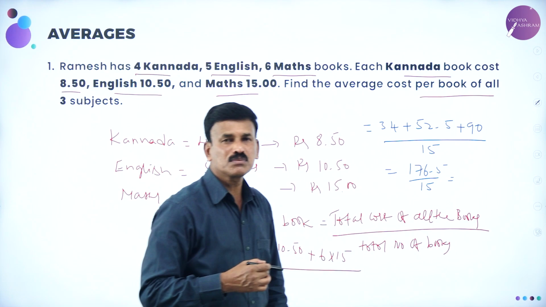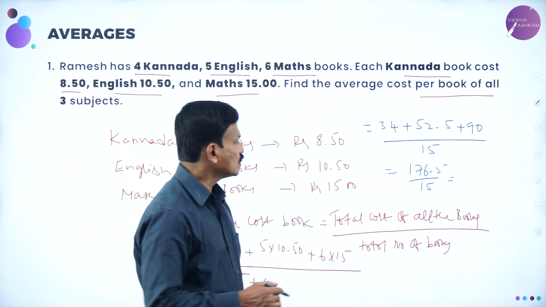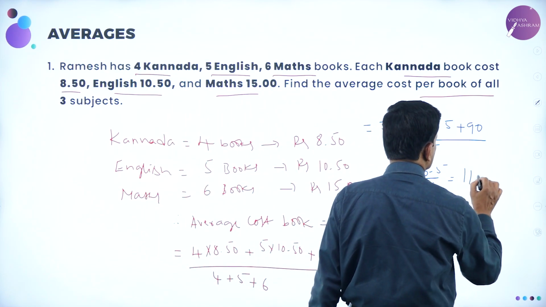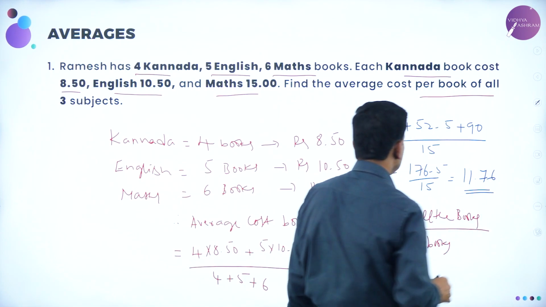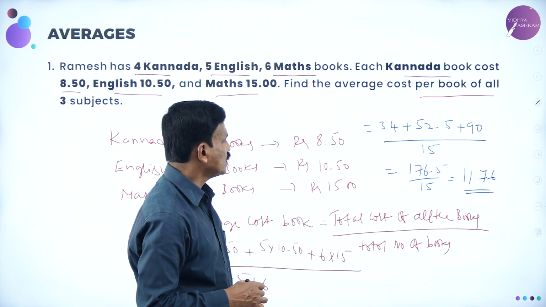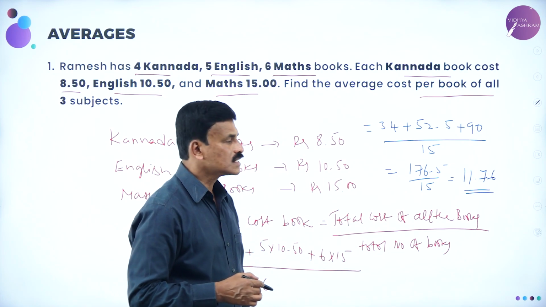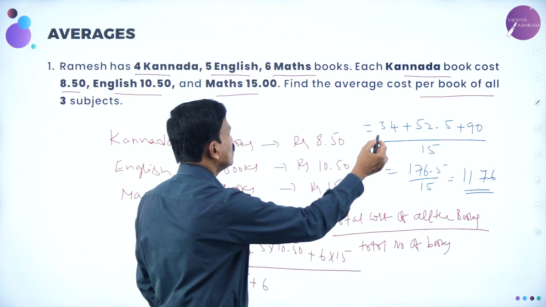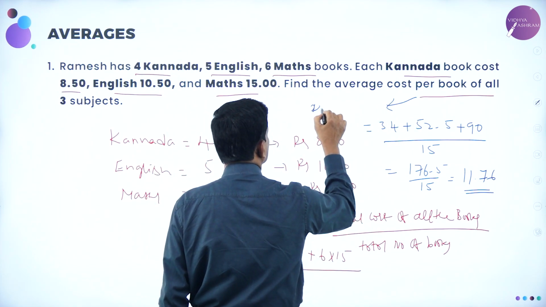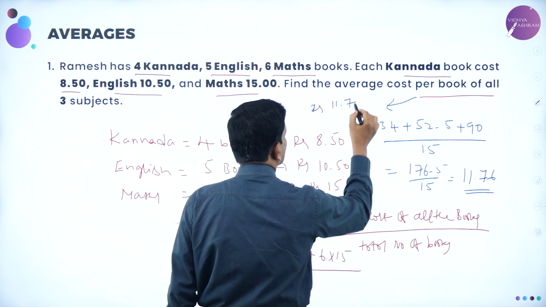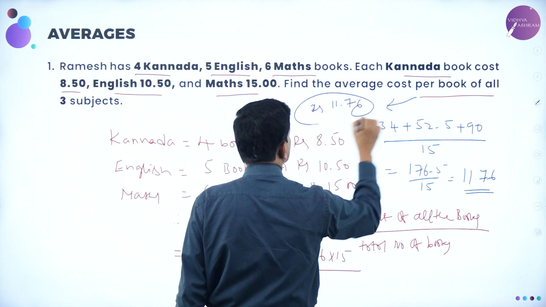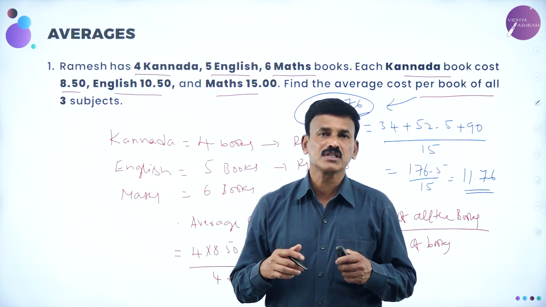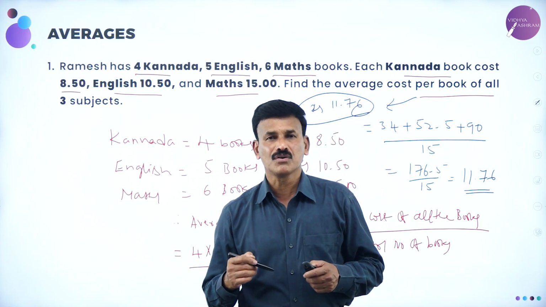What is 176.5 divided by 15? This is equal to 11.76. So the average cost of a book is rupees 11.76. That's it. This is how we are going to solve the problems in weighted averages.